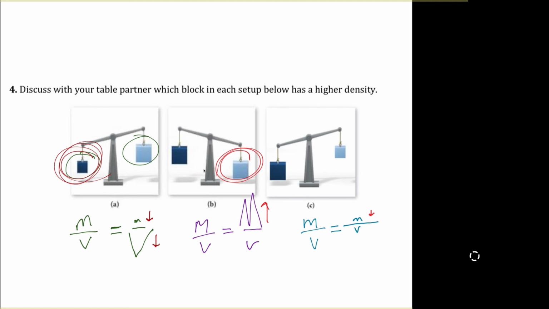But when you have a smaller denominator, and in this situation we have a smaller volume, it makes the number go up, because a smaller denominator makes it go up. So do you see how having a smaller mass makes it go down, but then having a smaller volume makes it go up? Well, in this situation, it actually could be the case where it balances out, resulting in them having the same density. They could have the same density.